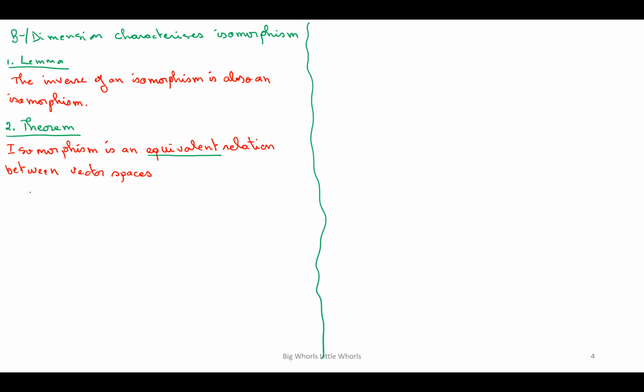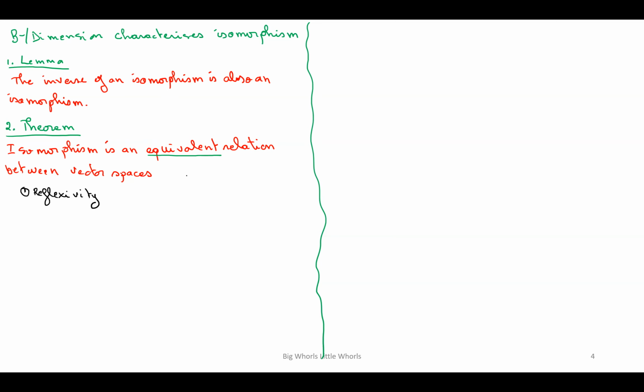To prove an equivalent relationship, we need to prove these three things. Okay, we need to prove that the relationship is a reflexivity relationship. Reflexivity.